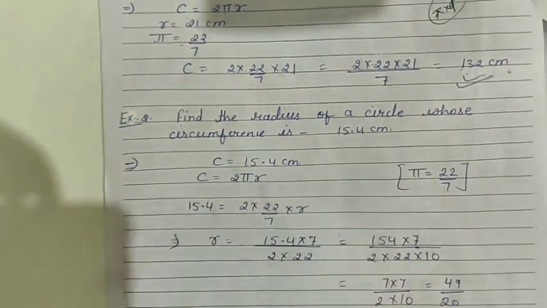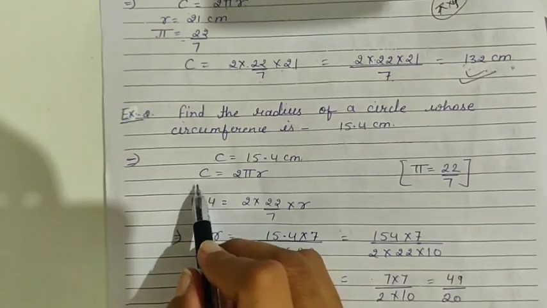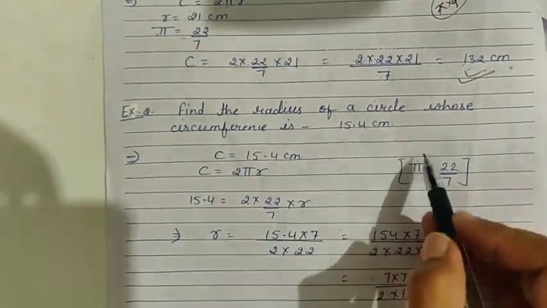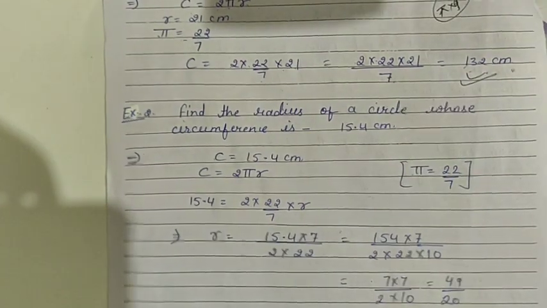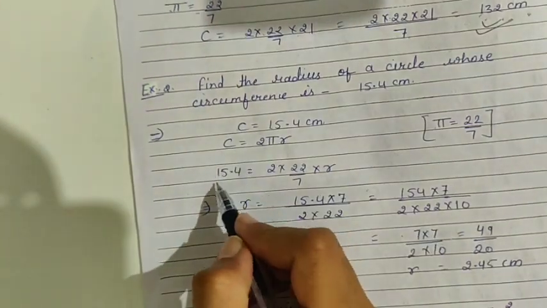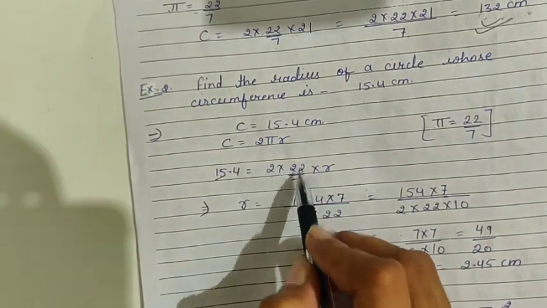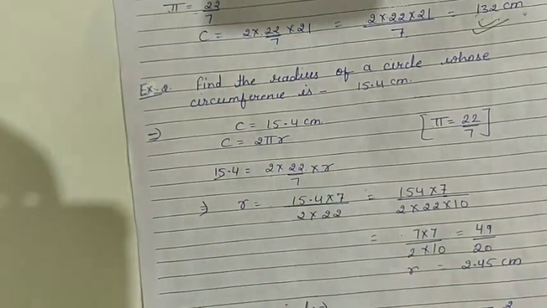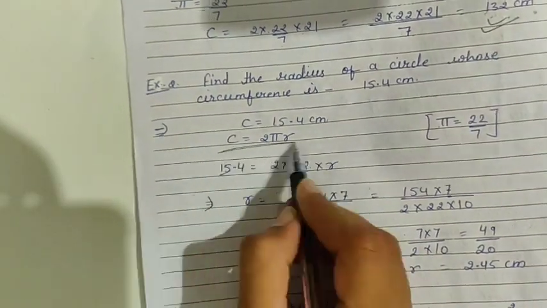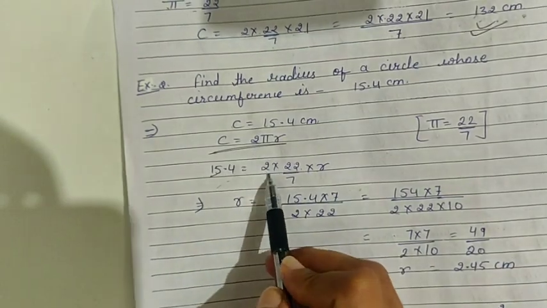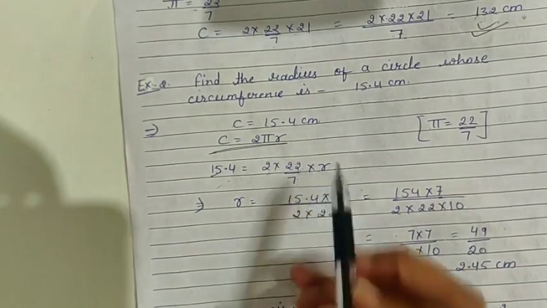C is equal to 15.4 centimeter, and we know that formula of circumference is equal to 2 pi r, where pi is equal to 22 upon 7. So 15.4 is equal to 2 into 22 upon 7 into r. We put our values in this formula.